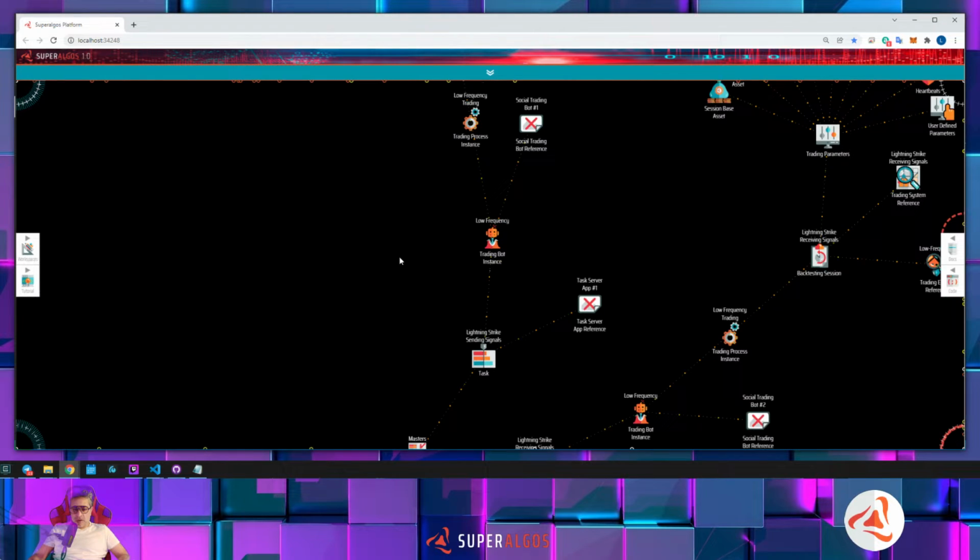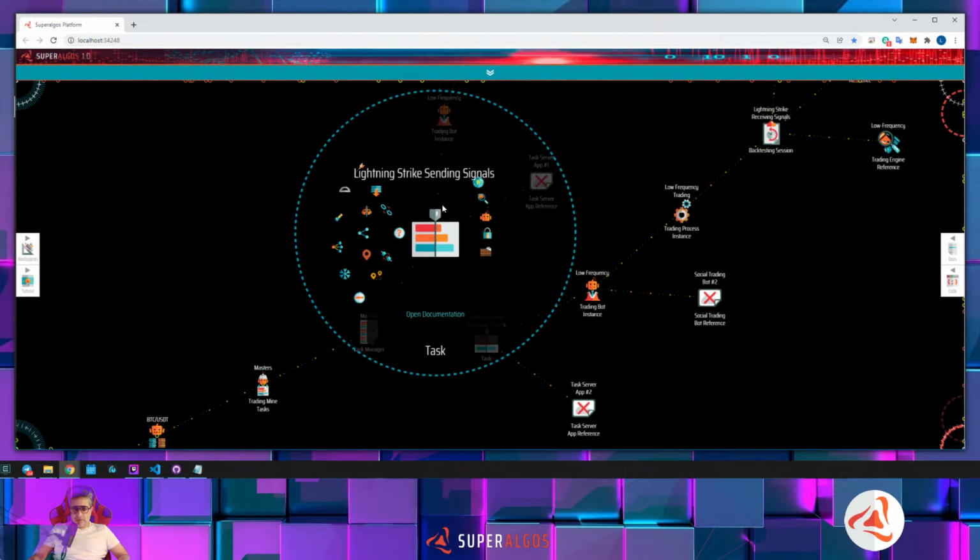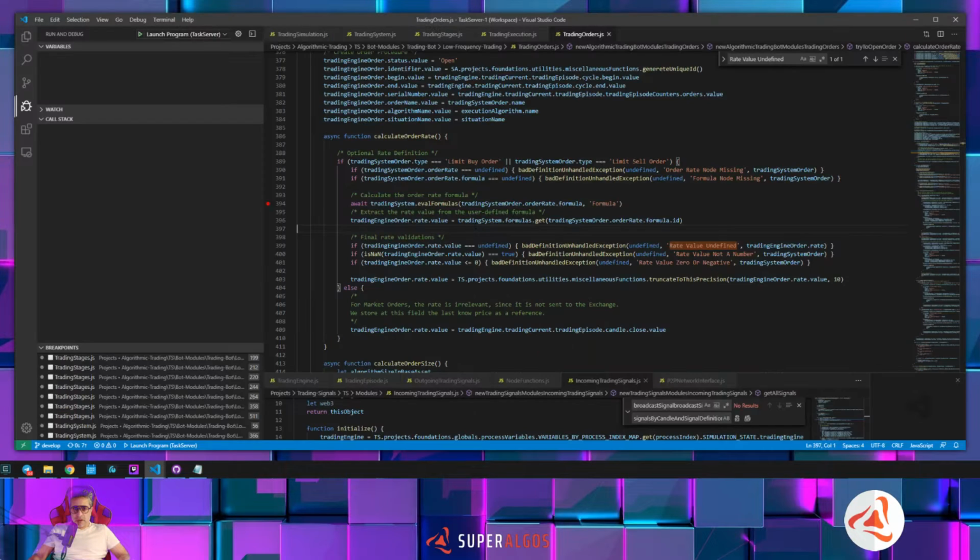Wow, that looks like a mess. Okay, so how are we going to debug this? We will run this guy again, and we will run this on debug mode.